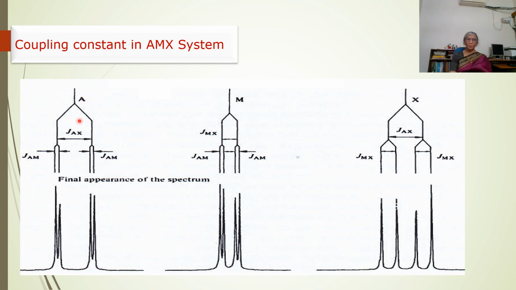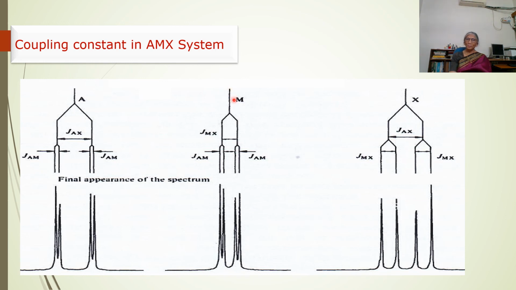It couples with proton X and the signal splits up into two peaks. Again it couples with proton M, so every line splits up into two peaks. So a double doublet is seen, that is, four lines are seen in the signal of proton A. There are two types of coupling, JAX, which is a J3 coupling, and JAM, which is a J4 coupling.